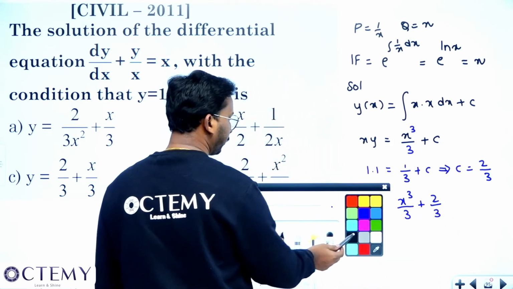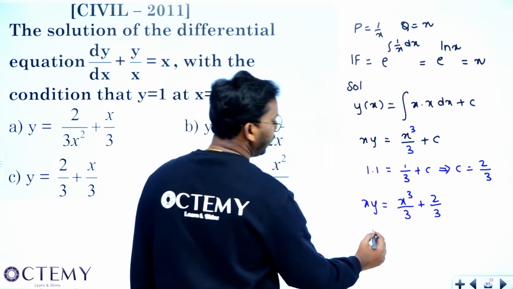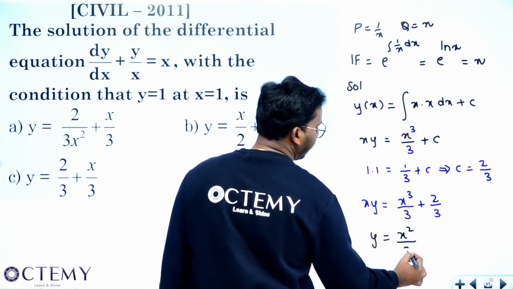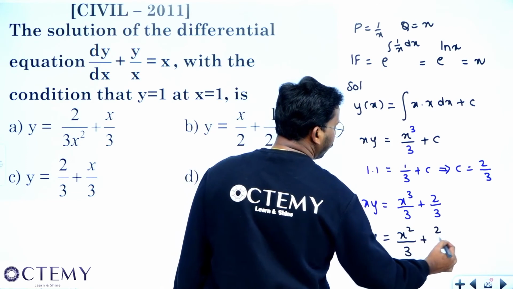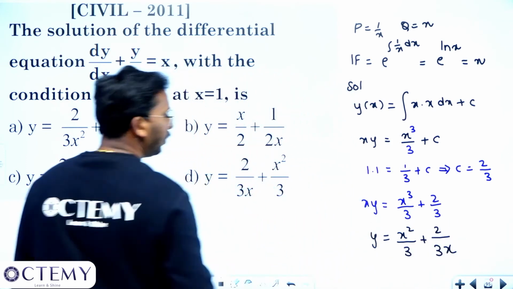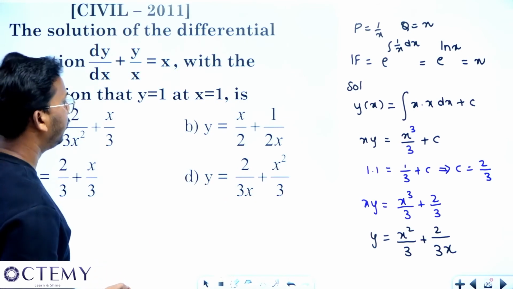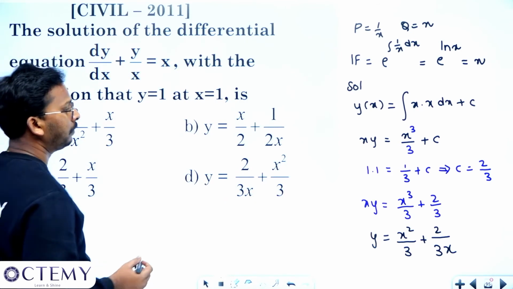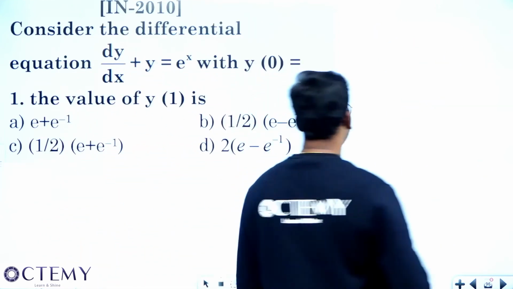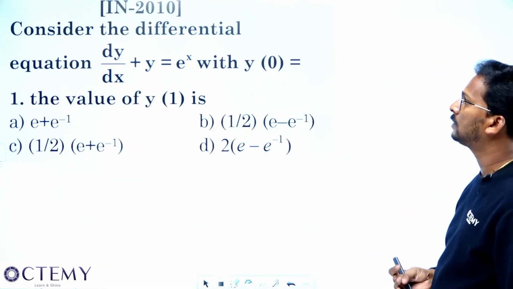Now, to divide it, you will get y is equal to x square divided by 3 plus 2 by 3x. This should be the answer. x square divided by 3 plus 2 by 3x. So option D should be perfectly right. Very good.